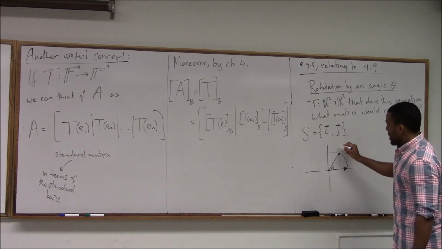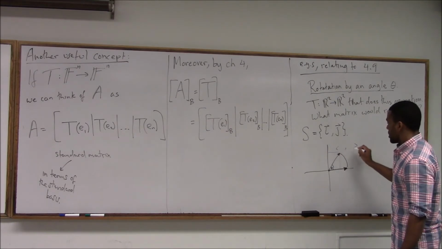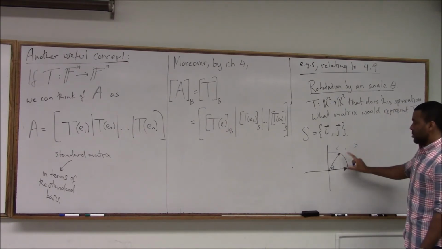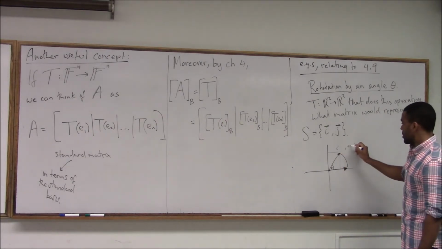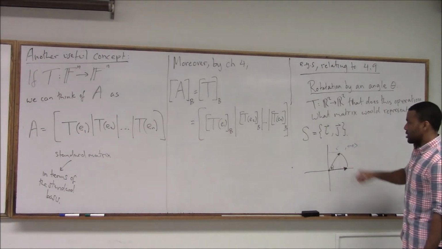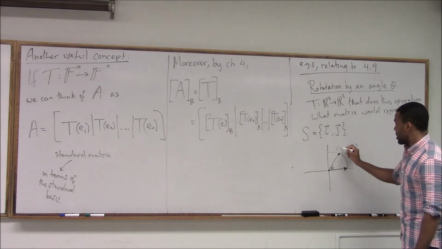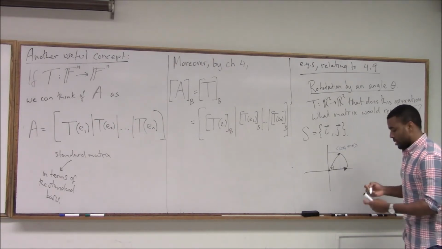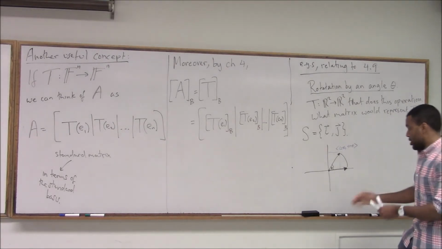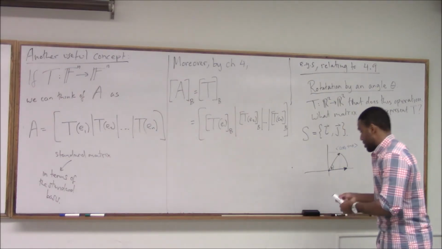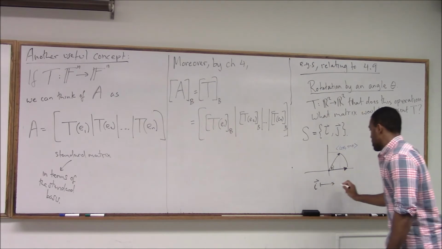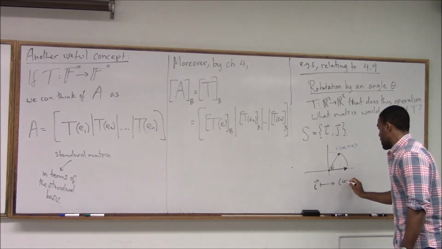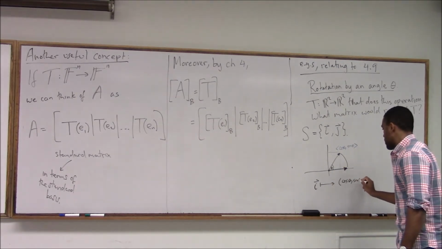So what would be the y coordinate of this guy? Sine theta. And what would be the x coordinate of that? Cosine. Right? So I can actually change i. So that means under a rotation, my i would change to the vector cosine theta, sine theta.